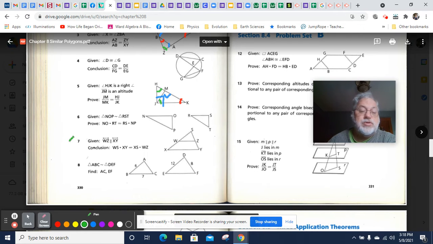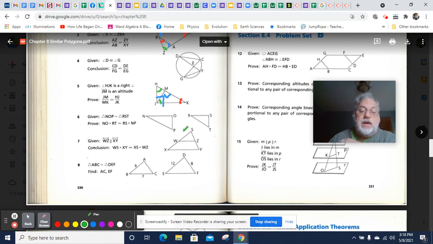Number 7, we have WZ is parallel to XY. And so we're asked to prove that WS times XY is equal to XS times WZ.